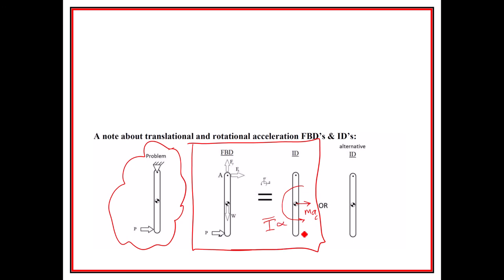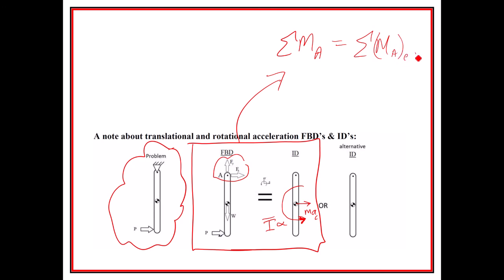If we're going to do the effective method, the sum of the moments about A, because we still want to get rid of those reaction forces, is equal to the sum of the moments about A, the inertial effective part.